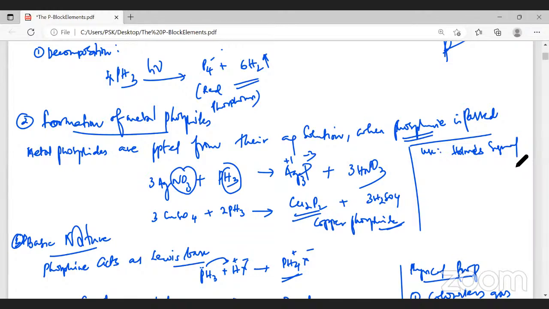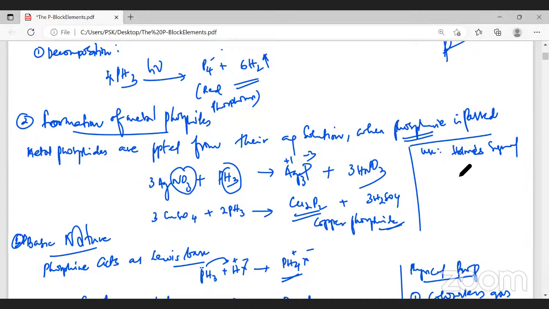When they push it in the water, the calcium phosphide, which contains phosphorus, reacts with water and starts burning. So we can see things burning. That is called a Holmes signal. So phosphine is used as a Holmes signal, calcium phosphide and phosphine mixture.